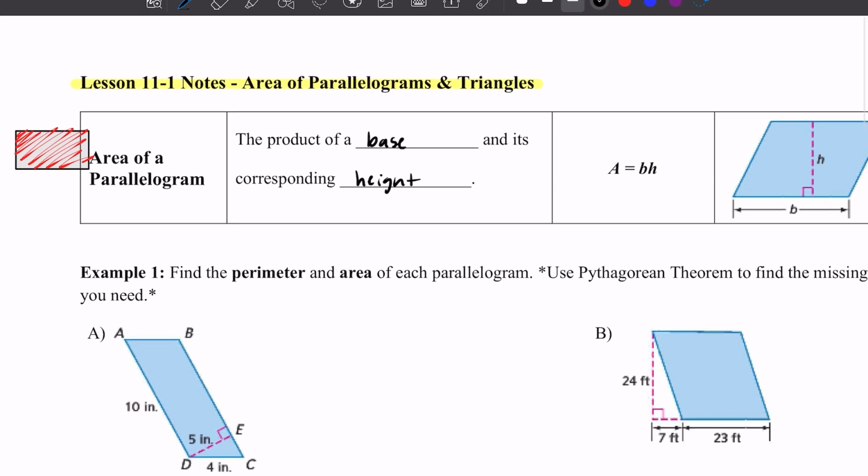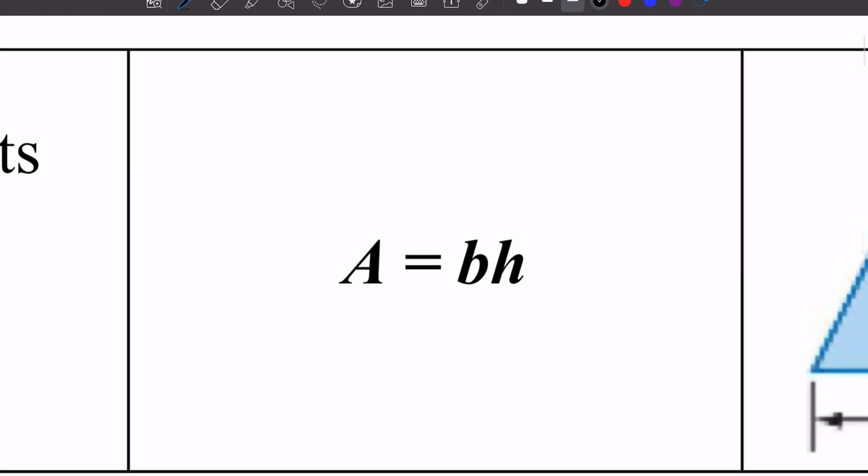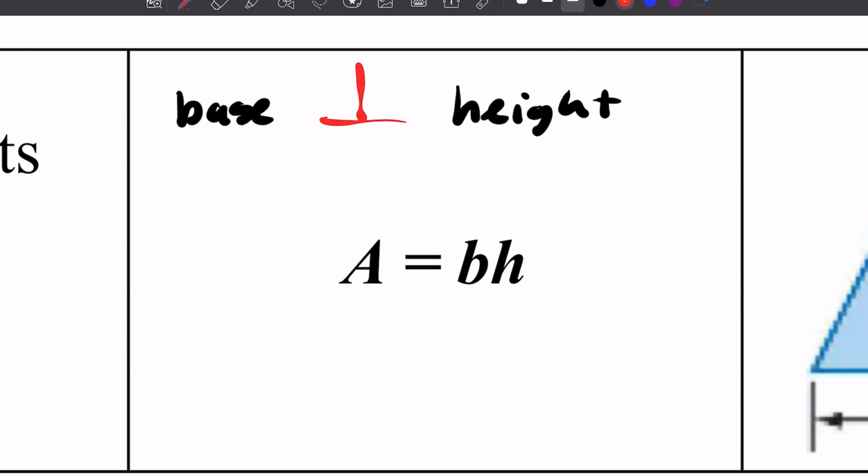Here's the formula that you need to know: A is equal to BH, or A is equal to the base times the height. When we're trying to determine what the base and the height are, we just see if the two things are perpendicular to each other. So I'm going to make a note right here: the base and the height are always perpendicular to each other.